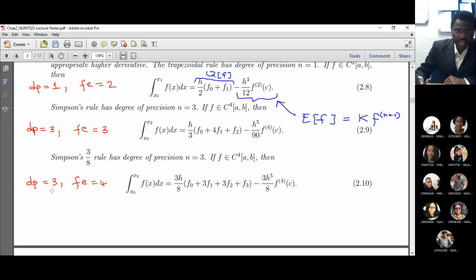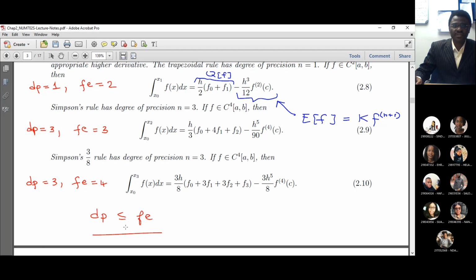So what can we realize? If I compare these, this is less than that, this is equal, this is less. So the degree of precision is less than or equal to the number of function evaluations. And in most cases, it is even less. That's why I say less than or equal, because it is equal for the Simpson rule here.